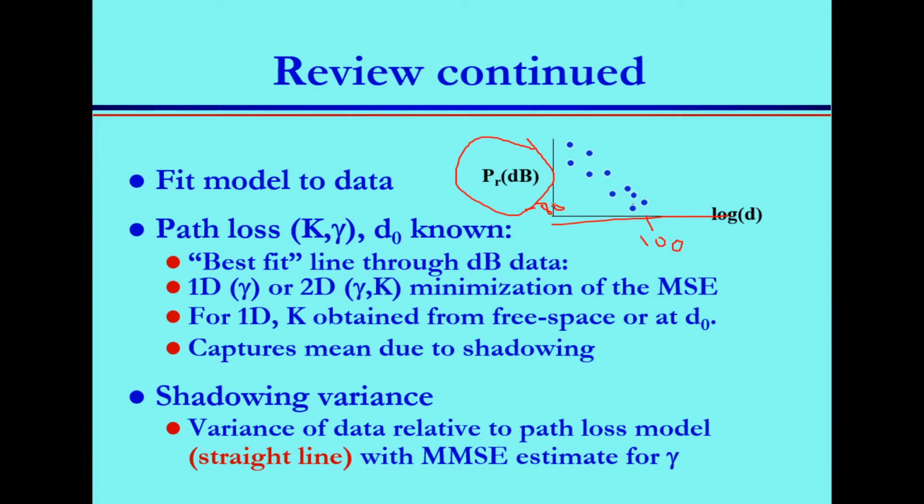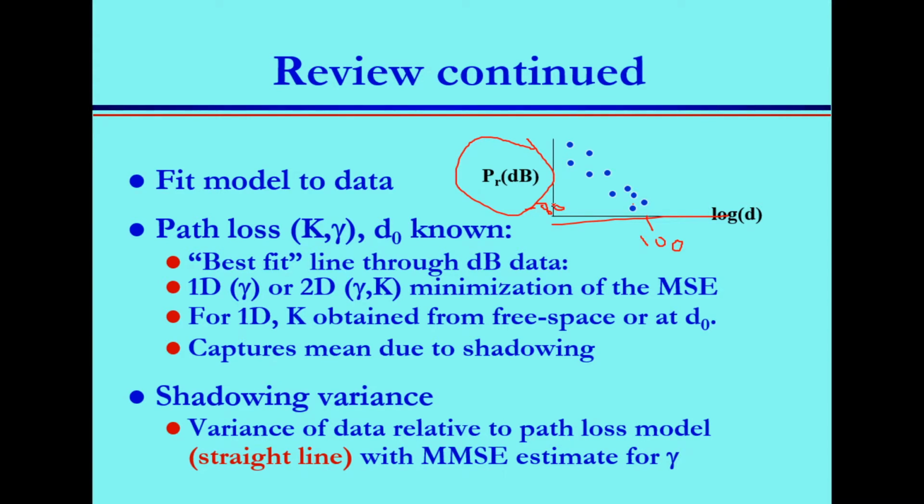So when you try different lines with different parameters, you end up having a linear model of two parameters, k and gamma. K represents the intersection with the y-axis, and gamma represents the slope of the line. When you substitute them here, you calculate basically the model you have, the path loss shadowing model.